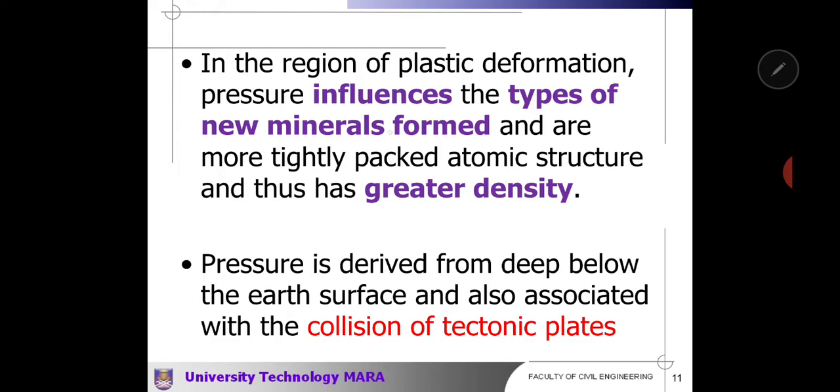Okay, in the region of plastic deformation, pressure influences the types of new minerals formed, which have a more tightly packed atomic structure and thus greater density. It also happens in zones where tectonic activity takes place and a lot of collision happens, the collision of tectonic plates, so new material or new rock will form.